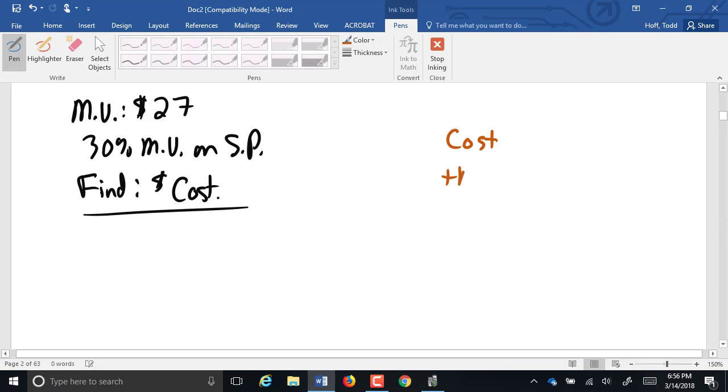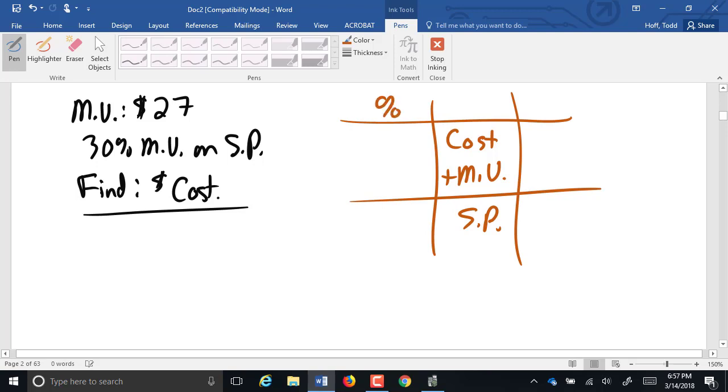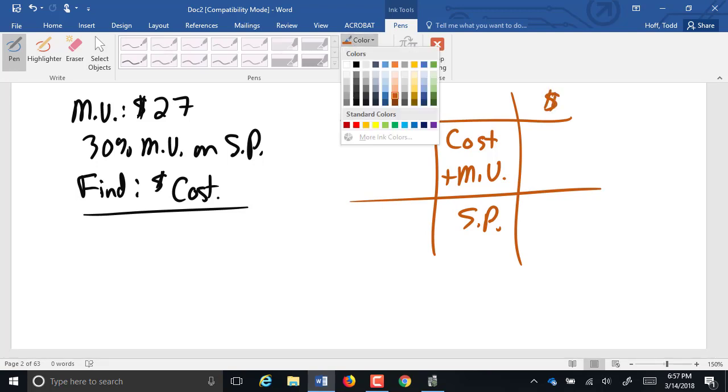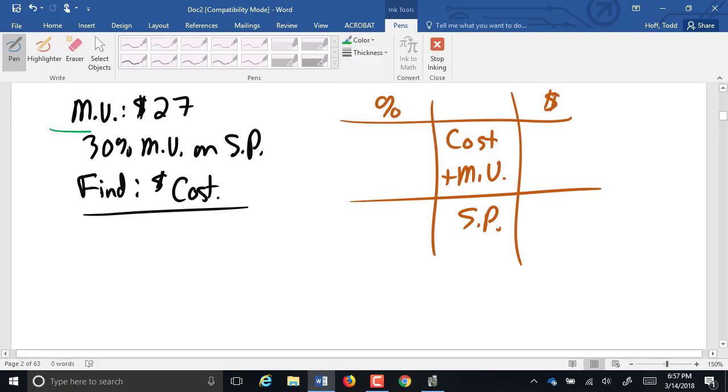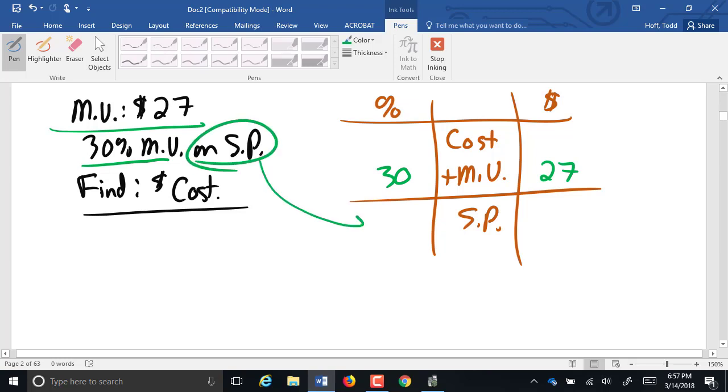So again, cost plus markup equals selling price, percents and dollars. So the dollar markup is $27. That goes here. 30% markup. That goes here, excuse me. On selling price means 100 goes in the selling price.